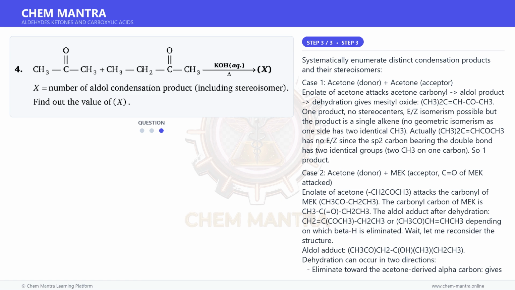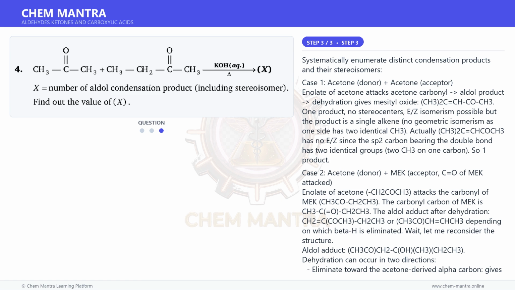Case 3, MEK CH3 side enolate, CH2 from CH3CO, plus acetone acceptor. The enolate from MEK's methyl group attacks the acetone carbonyl. Adduct: CH3CH2CO-CH2-C(OH)(CH3)2. Dehydration, eliminating from the CH2 and OH, gives CH3CH2CO-CH=C(CH3)2.